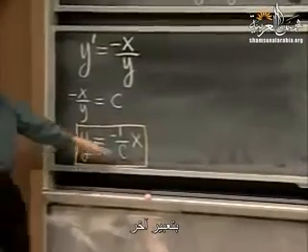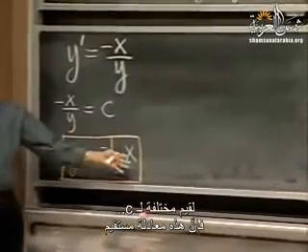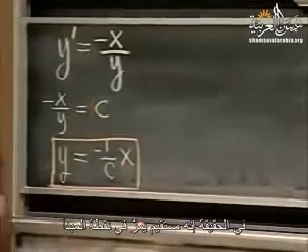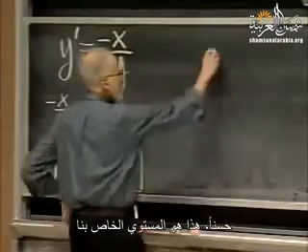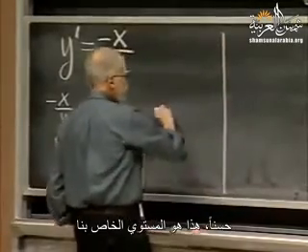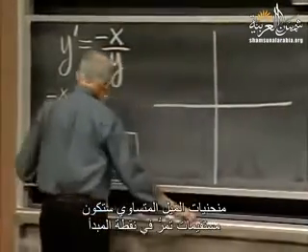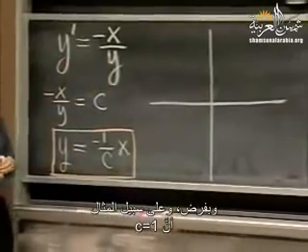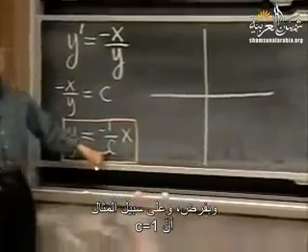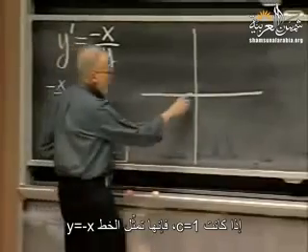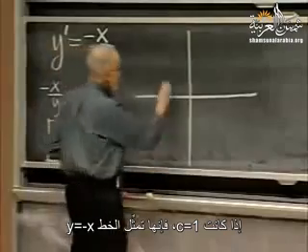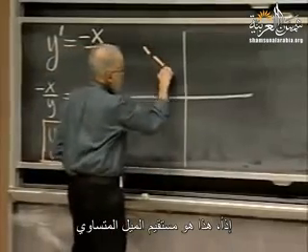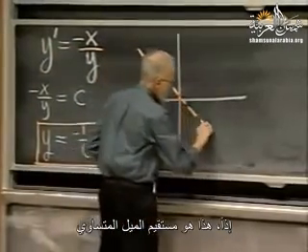In other words, for different values of c, this thing is a line. It's a line, in fact, through the origin. This looks pretty simple, okay? So here's our plane. The isoclines are going to be lines through the origin, and now let's put them in. Suppose, for example, c is equal to 1. Well, if c is equal to 1, then it's the line y equals minus x, so this is the isocline.